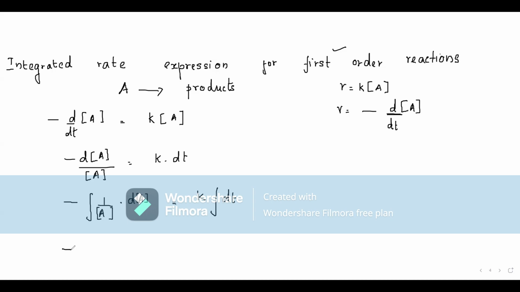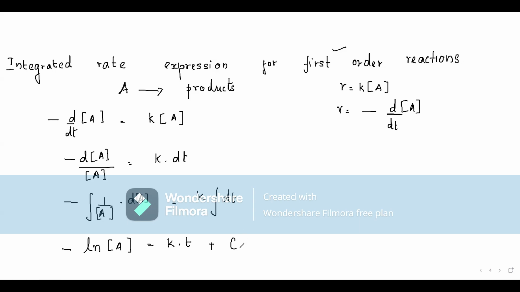Now, 1 by A dA is ln A. So ln stands for natural log. And on the other side, K integral dt is Kt, plus I'm writing a constant of integration C.